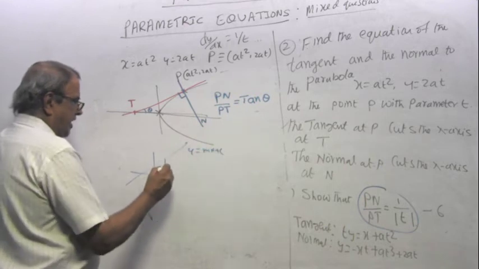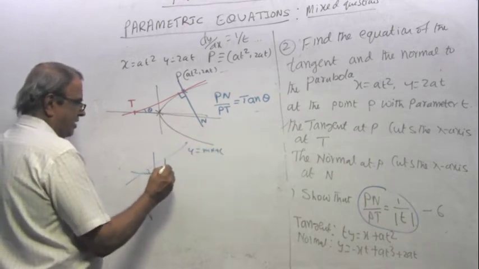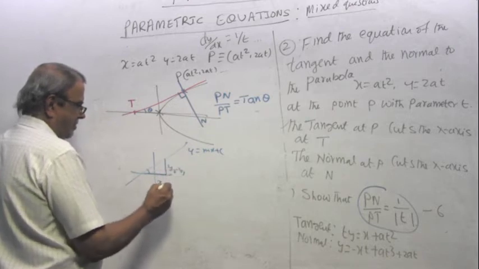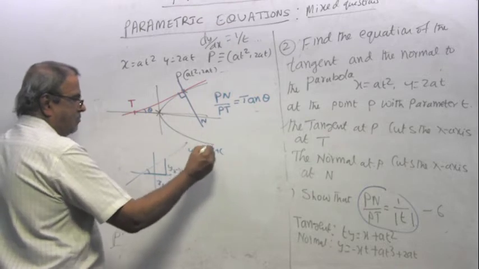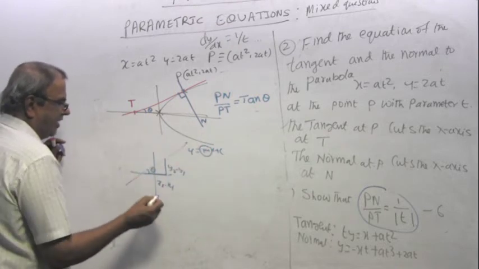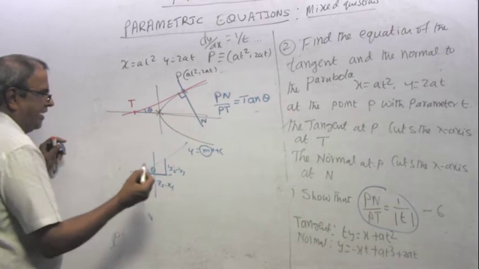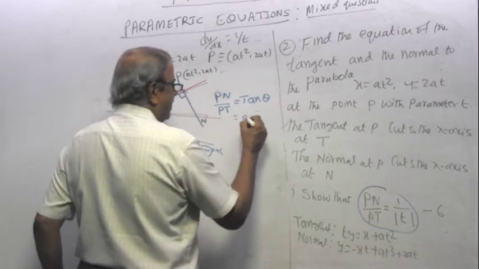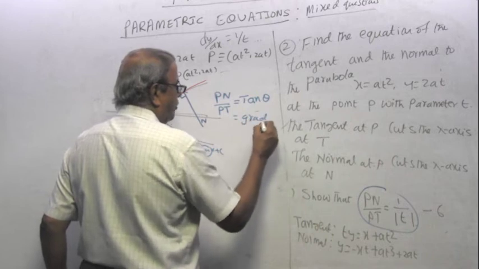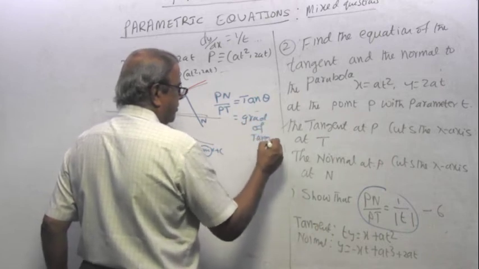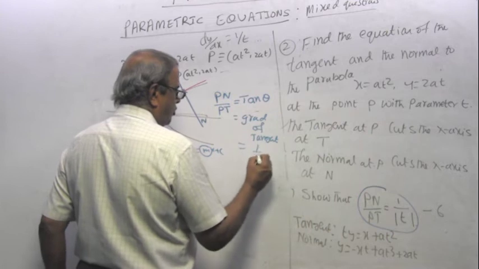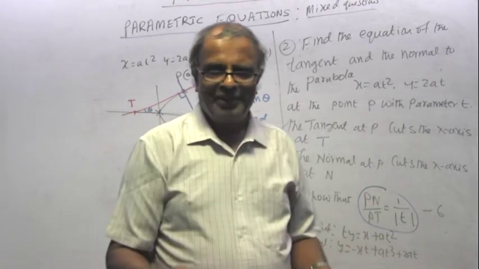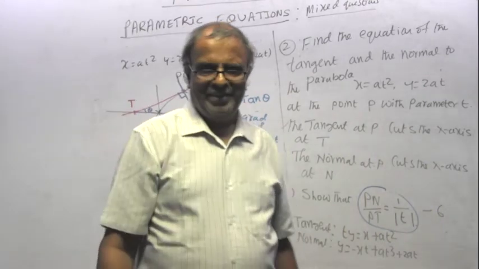Change in y over change in x is the gradient m. If I call this angle theta, the gradient is tan theta, which is the gradient of the tangent, which is 1 over t. Simple diagram. Can do it in 2 minutes.